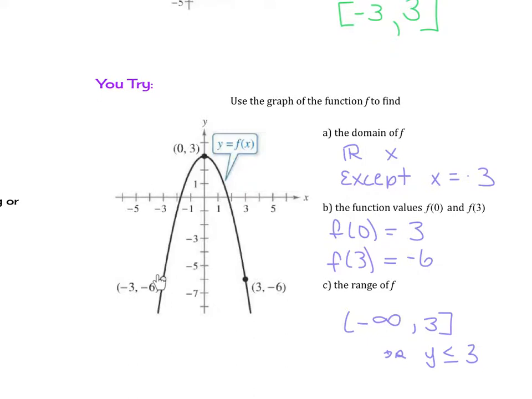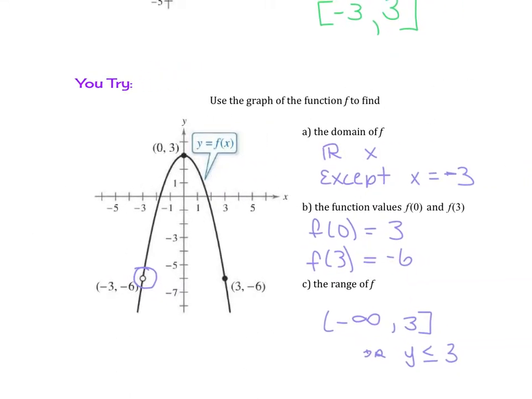The reason is because notice there is a hole here, so I can have everything except for that value. Then at f of 0, we have 3. At 0, y is 3, and at 3, y is -6. The range is -infinity to 3, or if you're still getting used to it, y is less than or equal to 3.